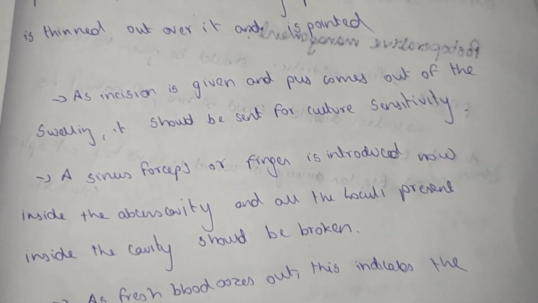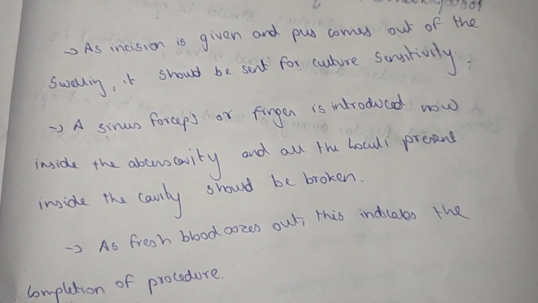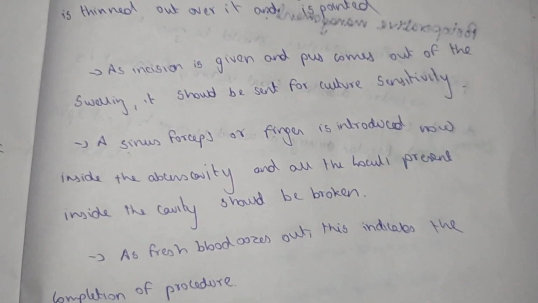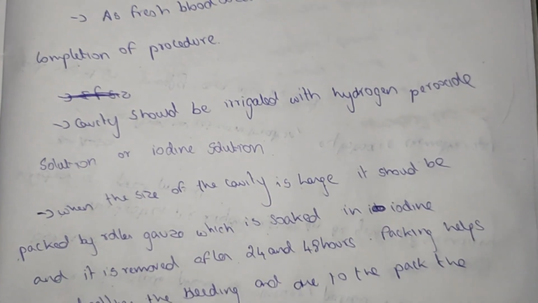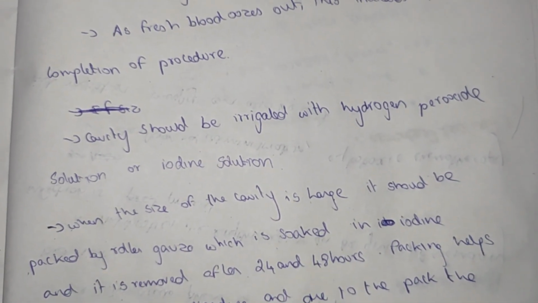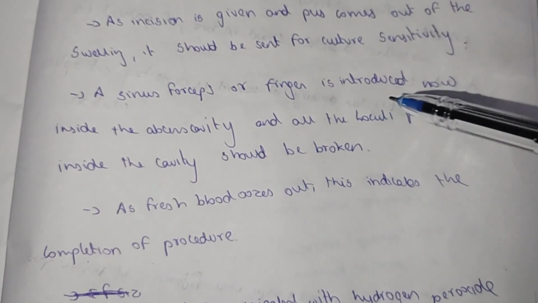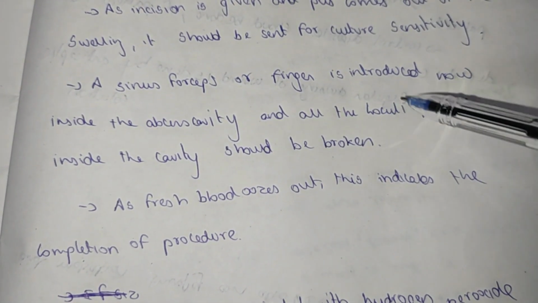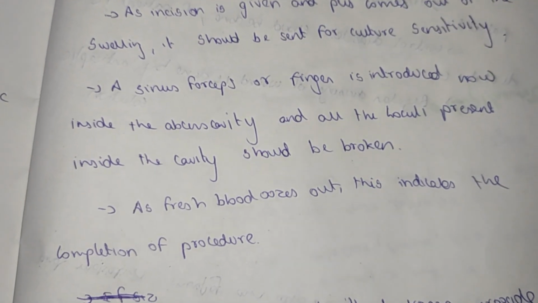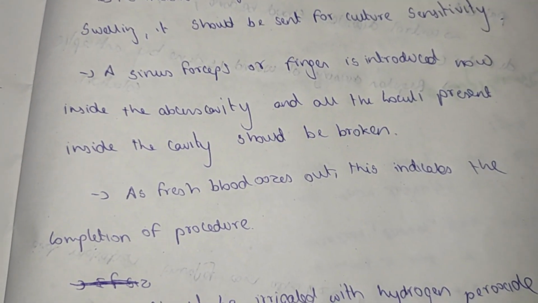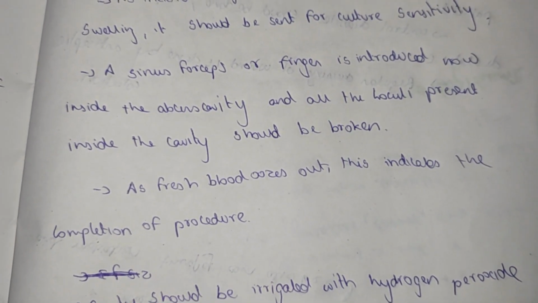This finalizes the complete procedure of incision and drainage. After using the forceps or finger, all the loculi present inside the cavity are broken and all the pus comes out until the fresh blood oozes out.